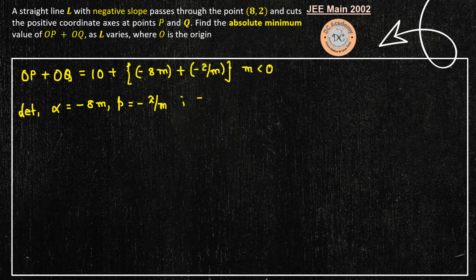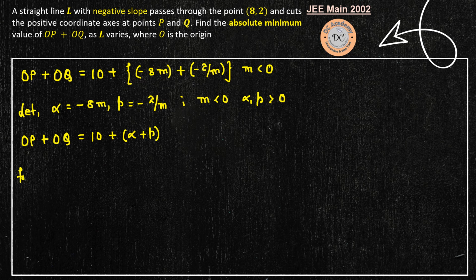Now notice carefully, as m is less than 0, alpha and beta must be greater than 0. That's obvious. So OP plus OQ is actually 10 plus alpha plus beta.